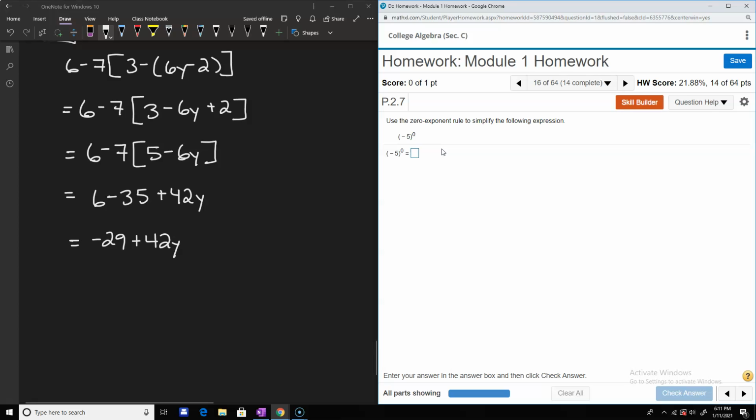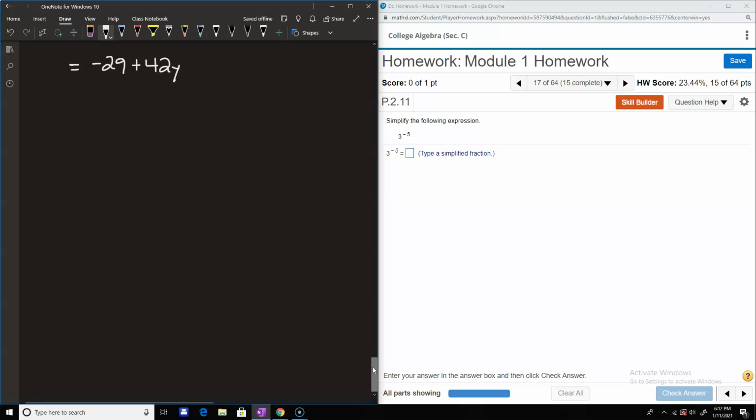Okay, so we've got some rules of exponents coming up. Any number raised to the 0 power is going to come out to be 1. So that's one of the rules of exponents. Let's see if we follow up with some more interesting ones. Okay, so evaluating some of these, let's look at some rules of exponents as they appear.